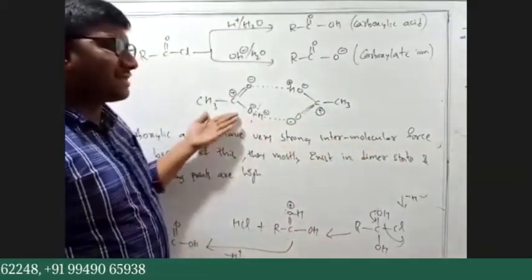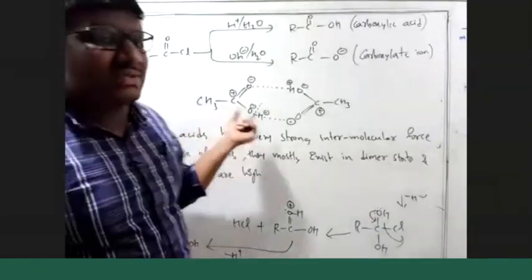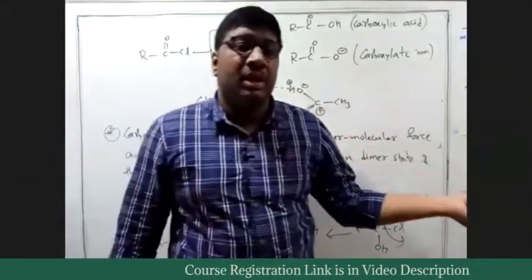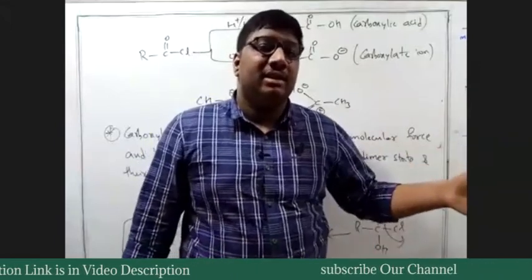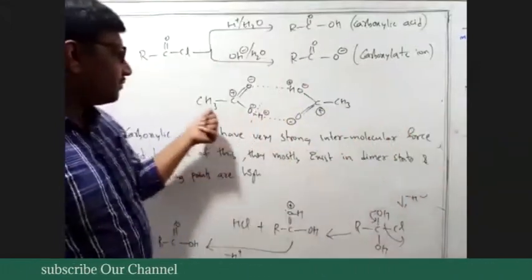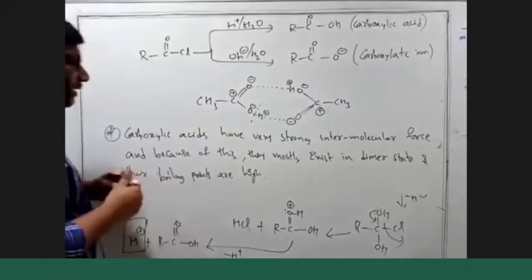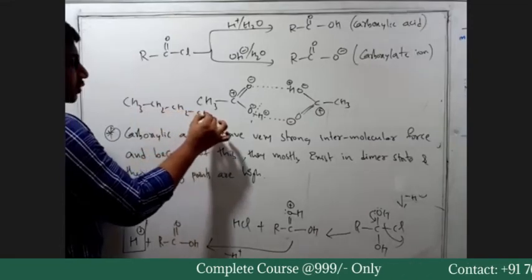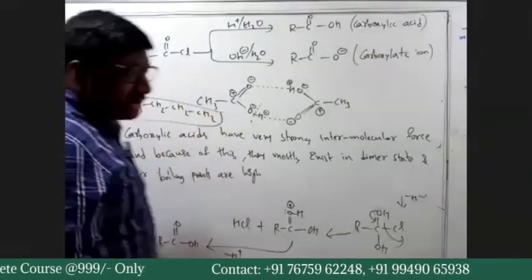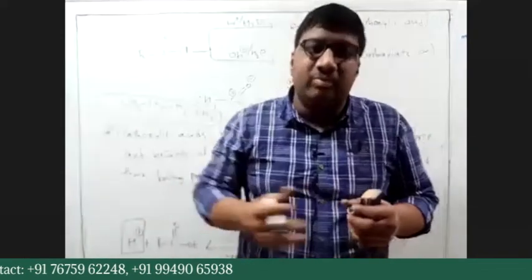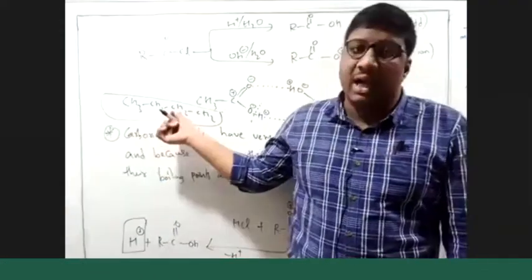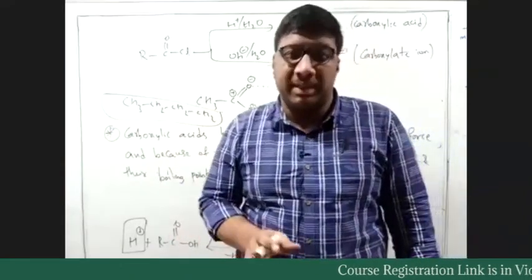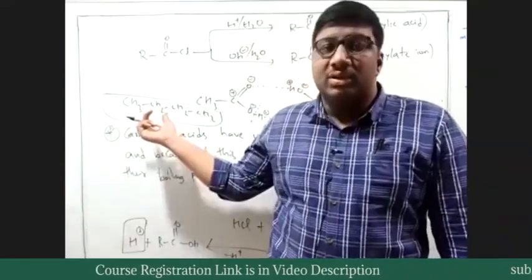Lower carboxylic acids, as the chain length is very small, can have good hydrogen bonding with water. But when you increase the chain length, the chain is non-polar and hydrophobic, it will never attract positively charged H+, so it does not have good interaction.